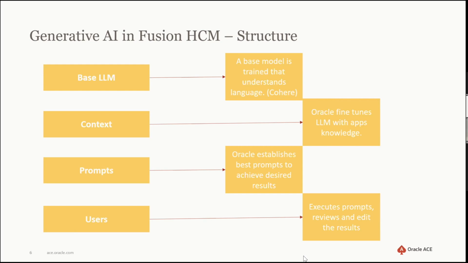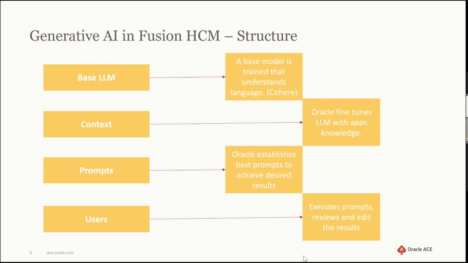What Oracle does is fine-tune the LLM with the app's knowledge. Cohere has given us an LLM that is trained enough to understand user instructions and generate an output. Further to that, Oracle fine-tunes that LLM with the app's knowledge, basically the app's keywords, terminology, modules, and the standard business processes that we have.